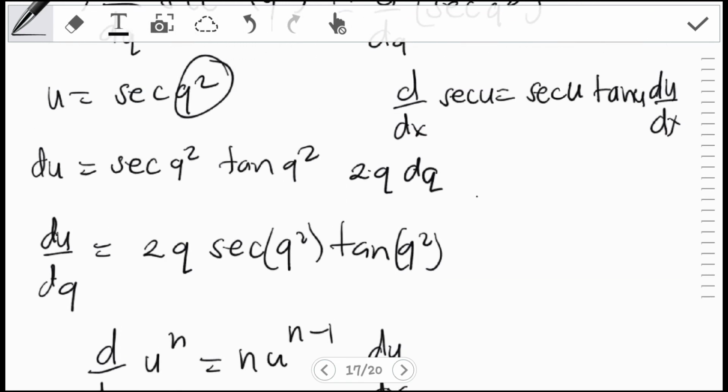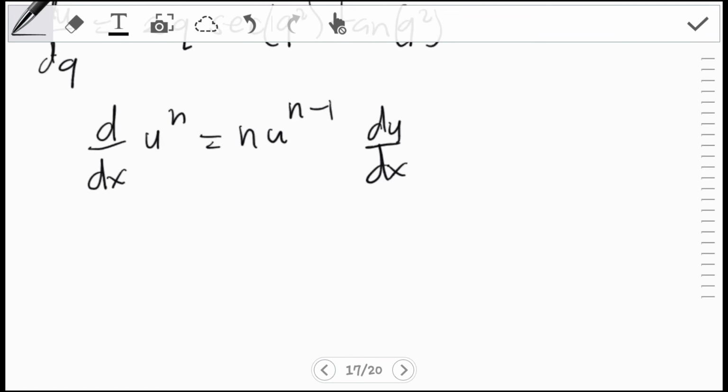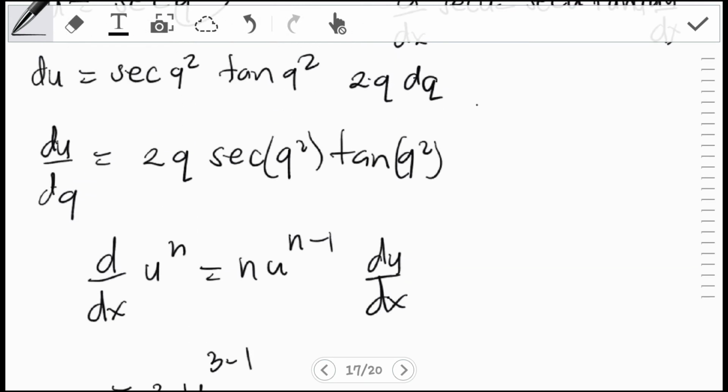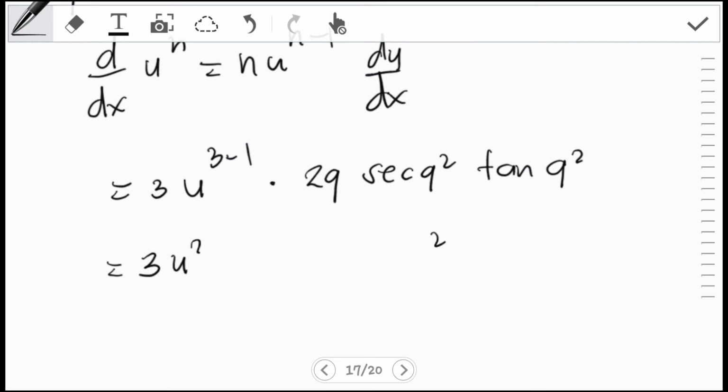Here n is 3, so 3 u to the power 3 minus 1, times du over dx, that is 2q secant q squared tan q squared. That equals 3 u squared times 2q secant q squared, then tan q squared.